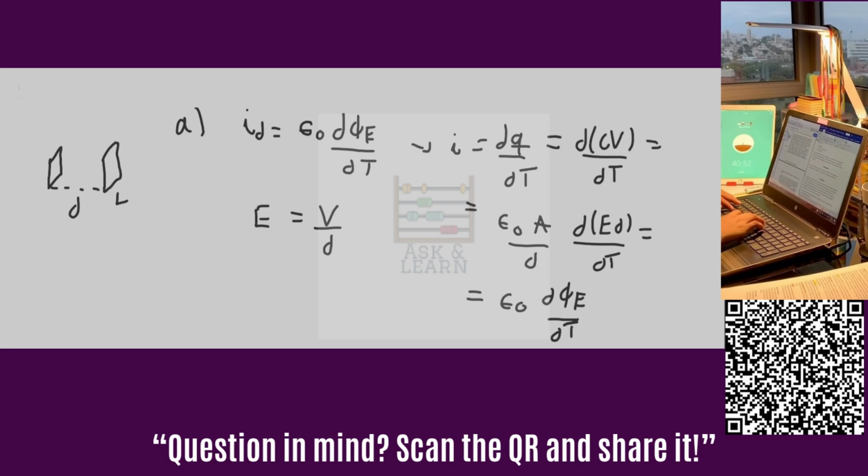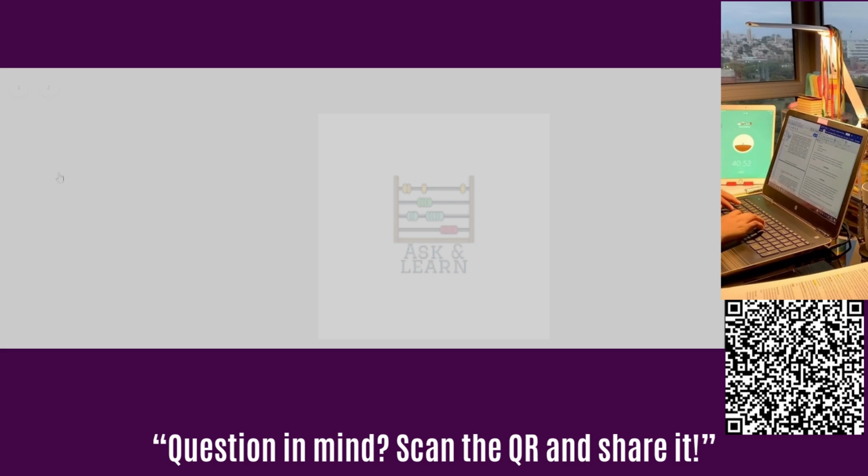So the current inside the capacitor is the same as the displacement current. So at any instant, the displacement current in the gap between the plates is equal to the conductor current in the wires. So we have that for part A, I_D is equal to I is equal to 2.08 amperes.